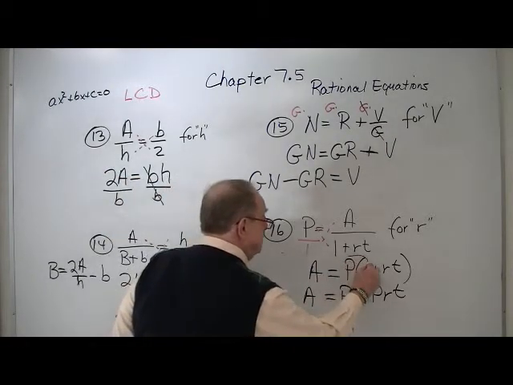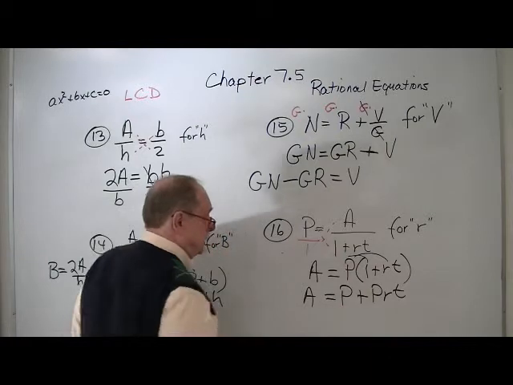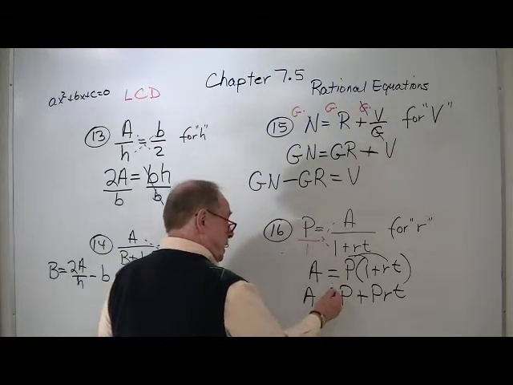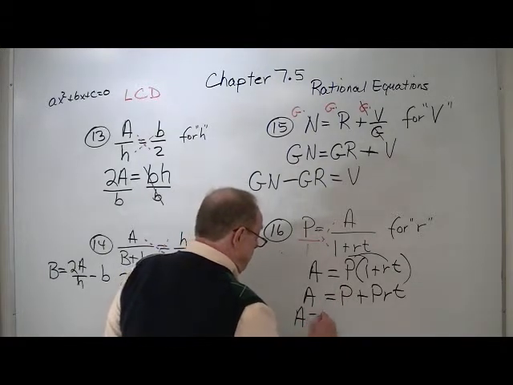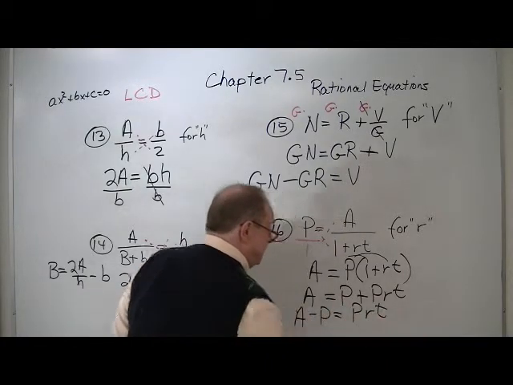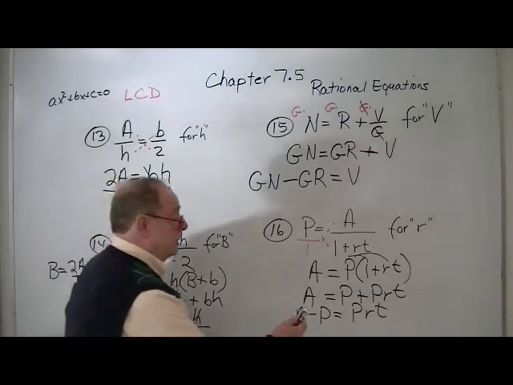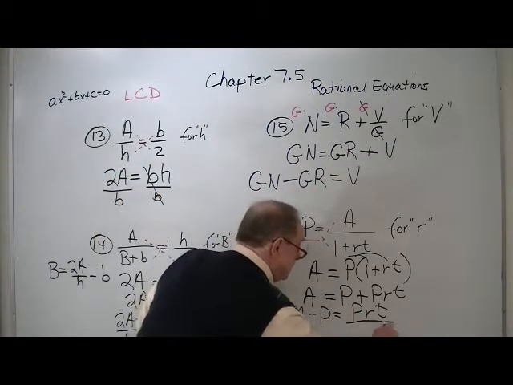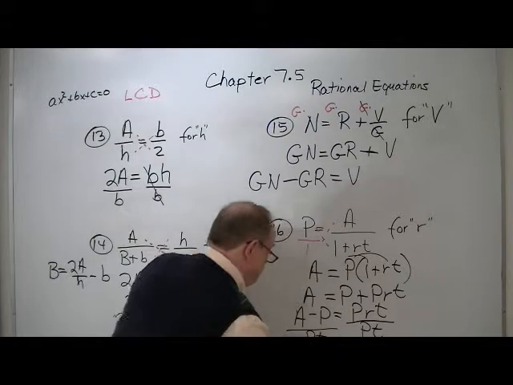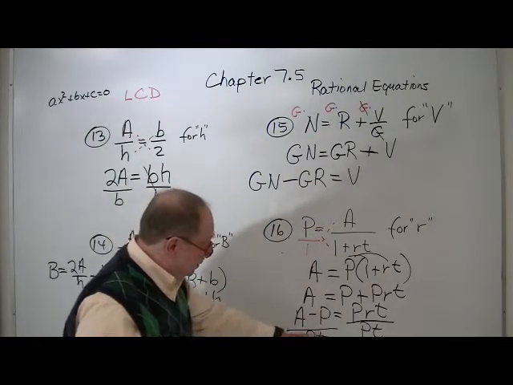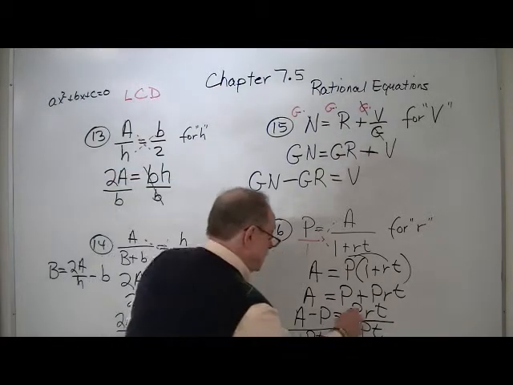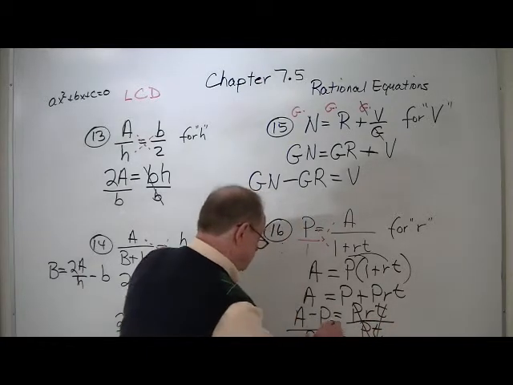I'm just distributing the p, and I get this. Now again, I'm looking to solve for this r, so I'm going to transpose that p: a minus p, brought over, equals prt. Now I want to get the r by itself, so I'm going to divide both sides by pt. And you could put it over each term, but that would be good too. R equals this over that.